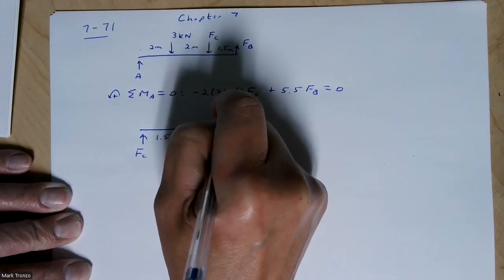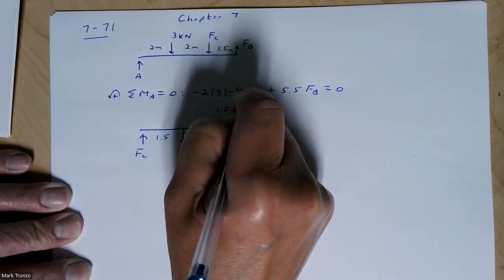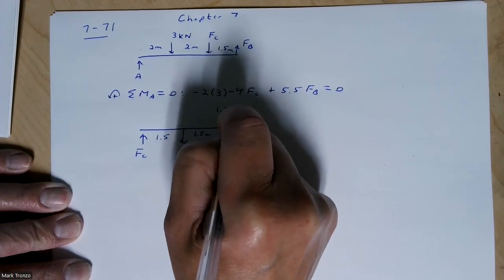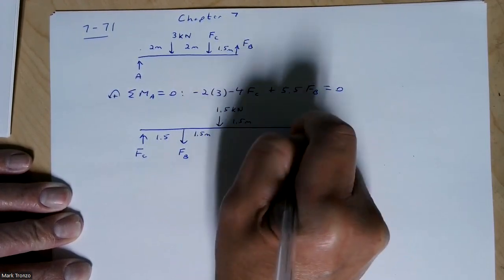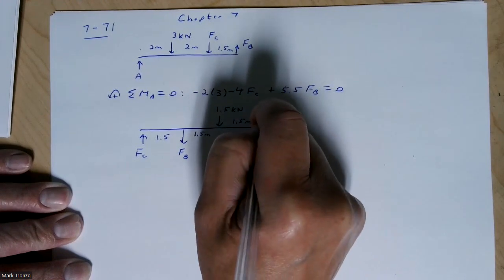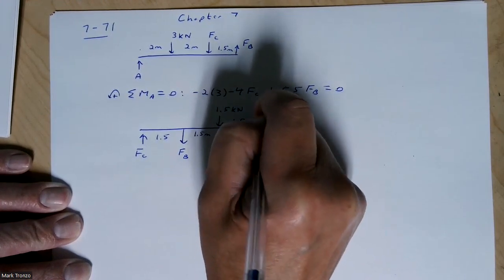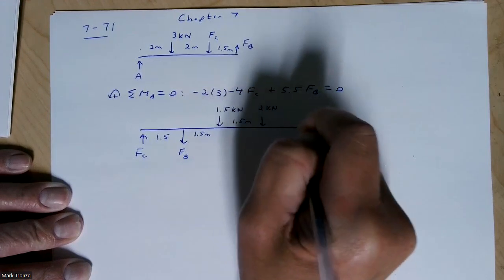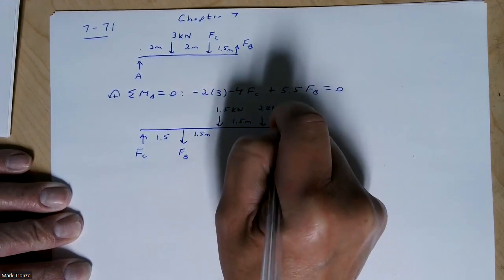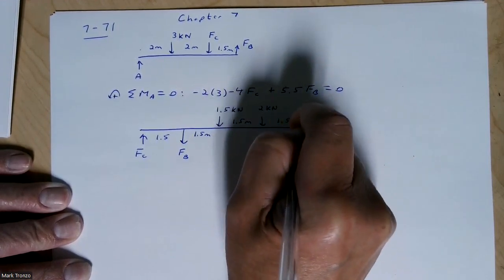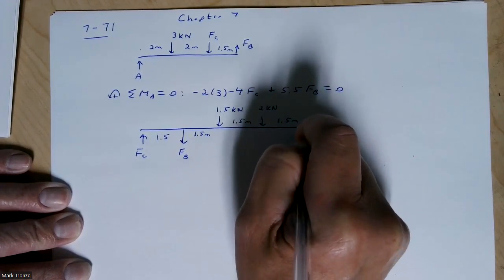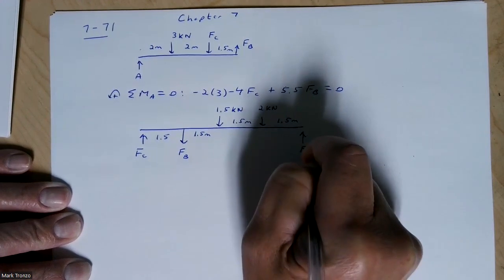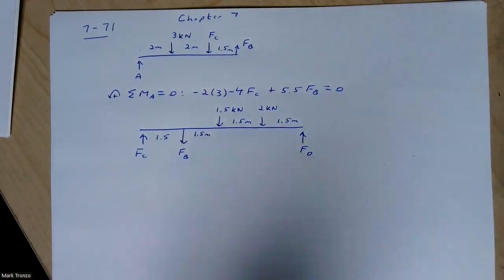This is 1.5 kilonewtons. 5 meters here. 2 kilonewtons. 1.5 meters. And then we have, say, something at D, like this.